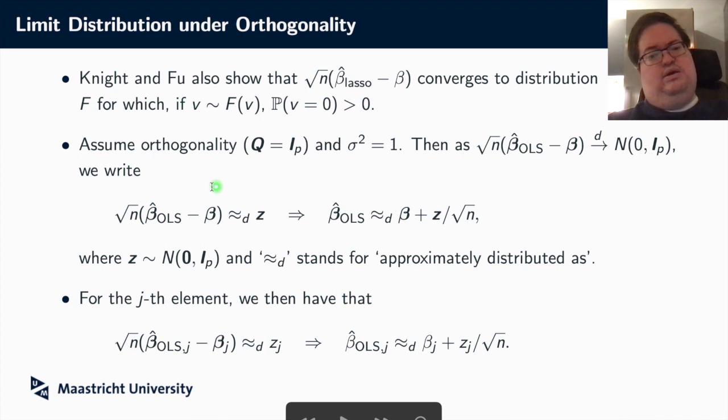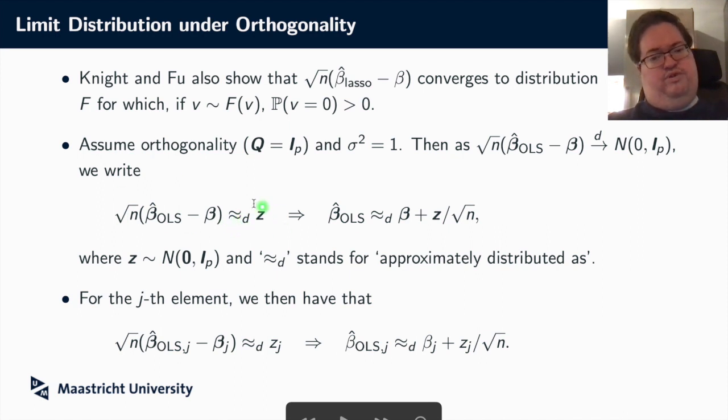So I'm going to say this quantity here, square root n times beta hat OLS minus beta, is approximately equal in distribution, which is what the D indicates, to Z. And Z is just a standard normal. So I'm not saying anything different from what I said here, I'm just writing it differently. I'm just saying, take square root n times beta hat OLS minus beta, and we can treat it as if it's a standard normal, at least when n is large enough. That's what the approximate sign says.